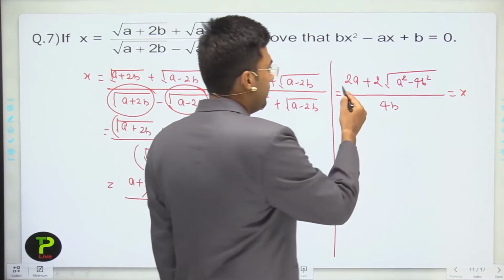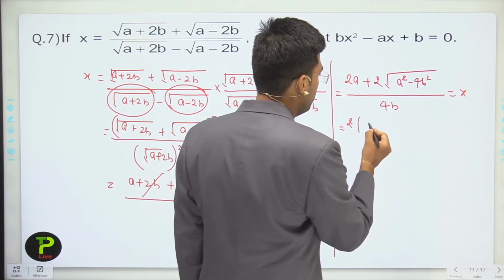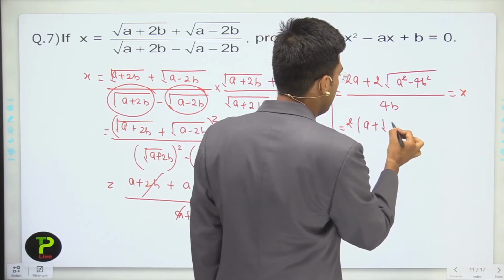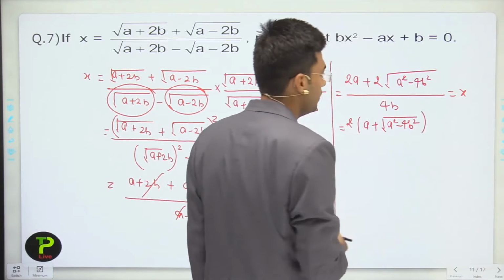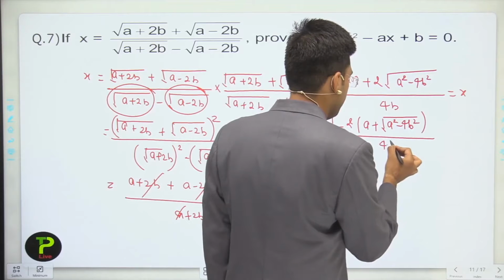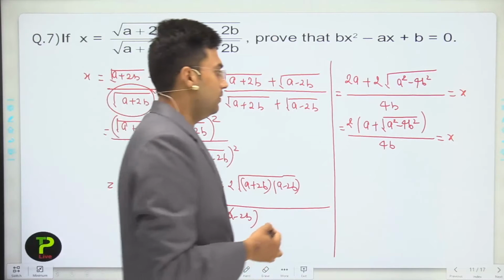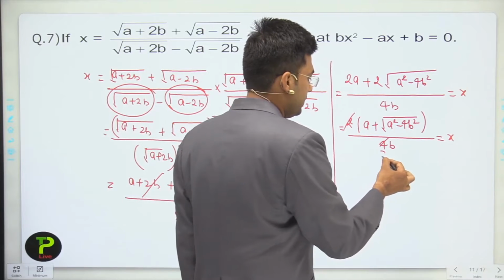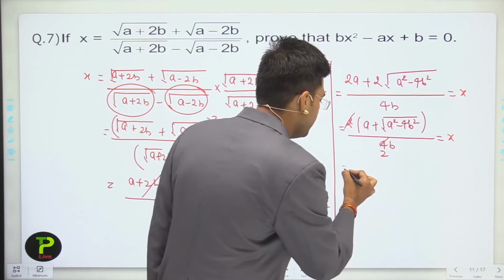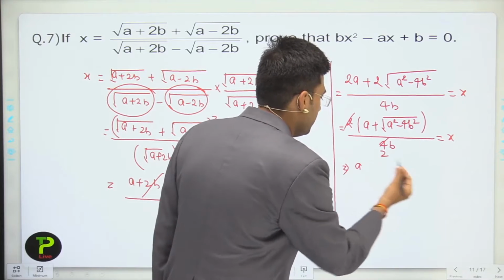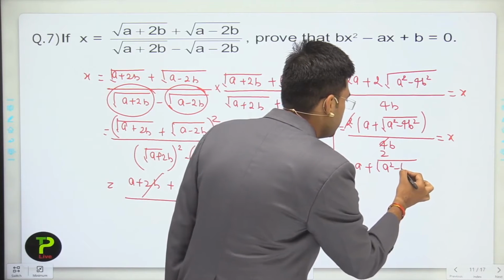Now by taking 2 as common, when we solve this, we will get 2 times a plus root a square minus 4b square, divided by 4b is equal to x. This 2 cancels with 4 by 2 times.